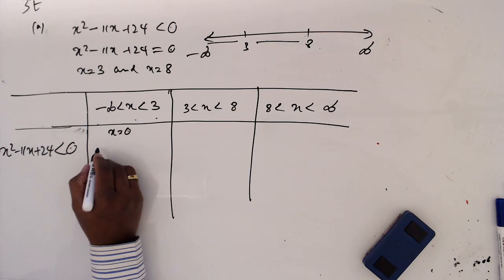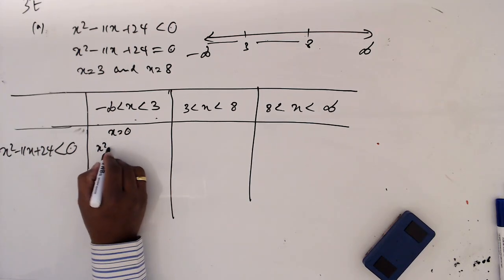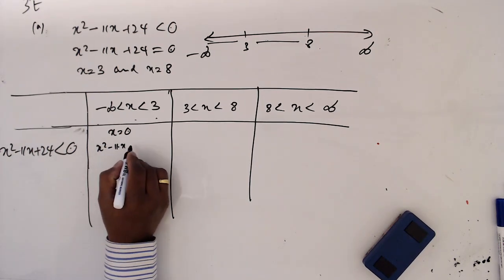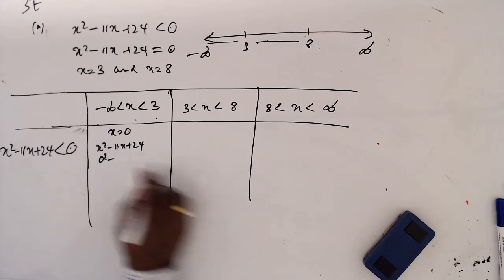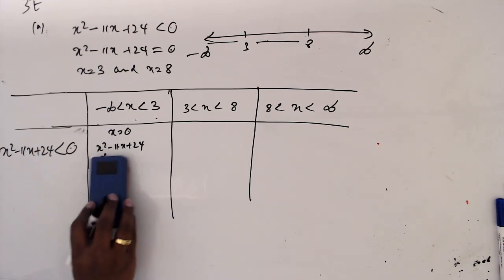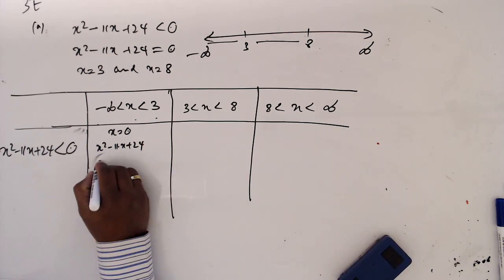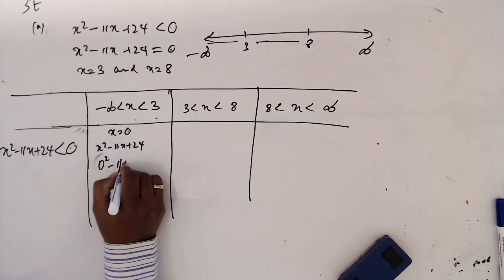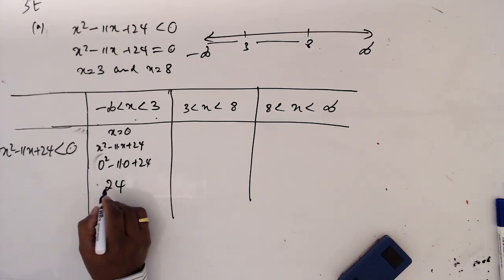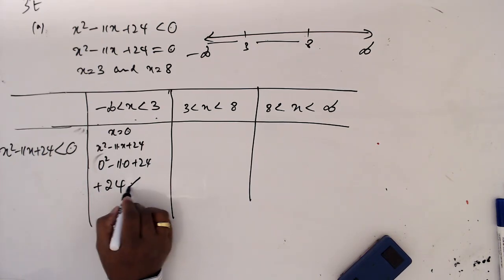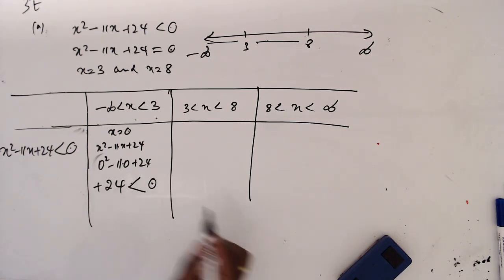Then 0 square minus 11 times 0 plus 24. The answer is plus 24 less than 0.